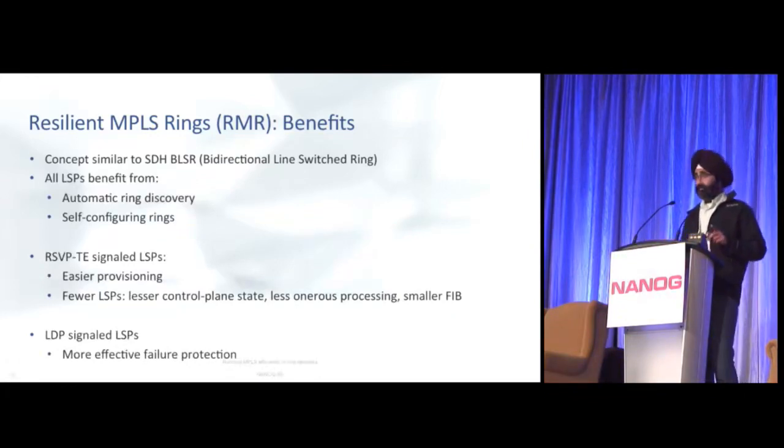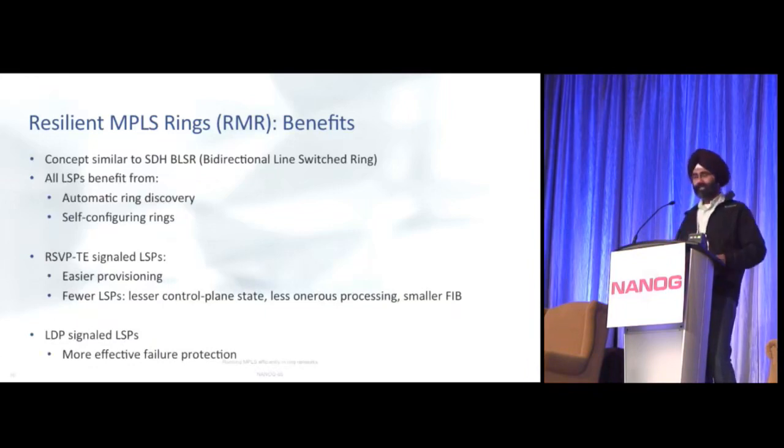So by having a fewer number of RSVP LSPs in your ring, you're also reducing the amount of control state that will exist on each of those nodes. That will enable the FIBs to be smaller, and that potentially allows for cost-optimized hardware to be used.